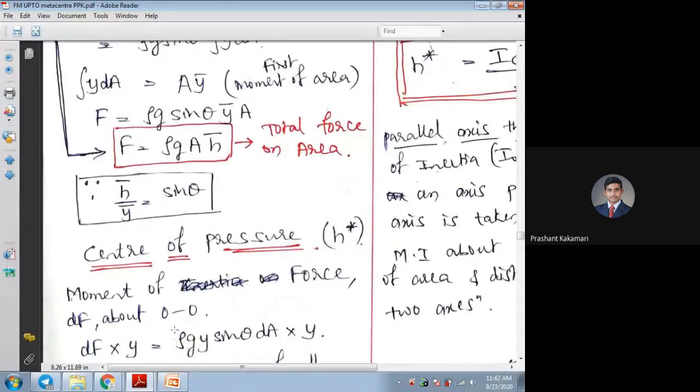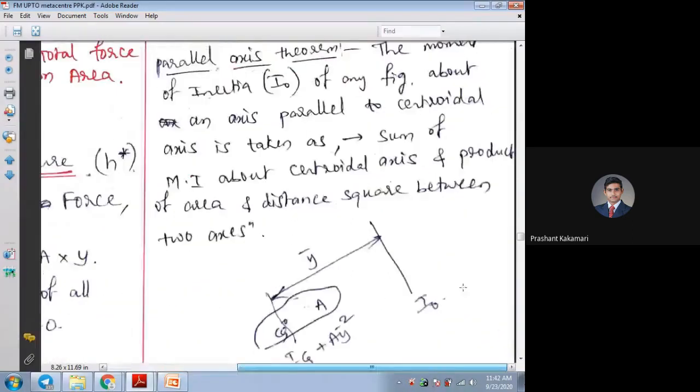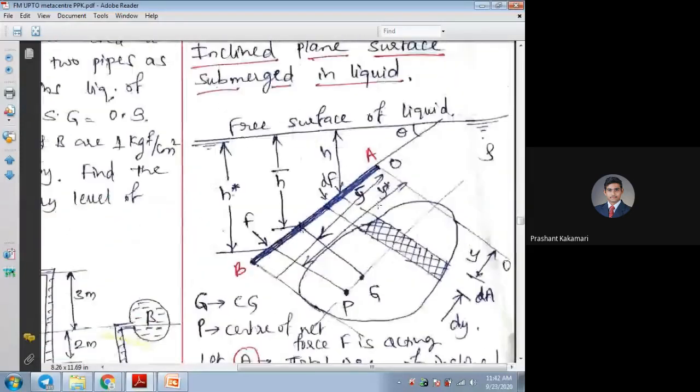Now we'll find out the total pressure acting at the center of pressure. So you can consider pressure as the moment of force. Force is the moment of area, and pressure is the moment of force. We assume that whenever a pressure or force is acting on the surface, it is going to create some moment.